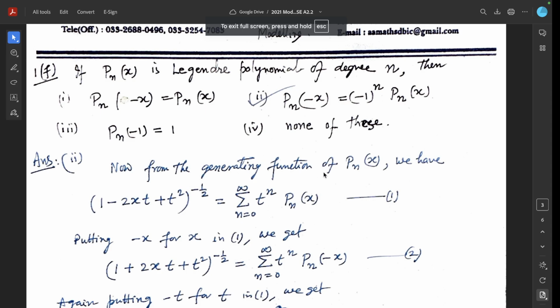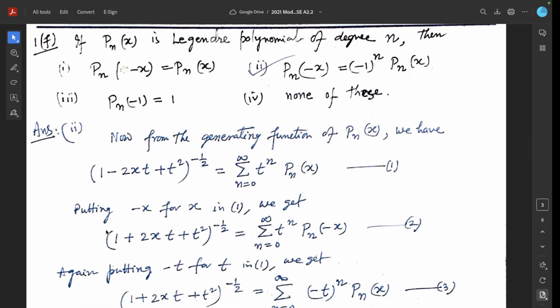Now from the generating function of Pn(x) we have (1 minus 2xt plus t square) whole to the power minus half equal to summation n equal to 0 to infinity t to the power n Pn(x). And putting minus x in place of x in 1, on both sides we get this equation 2.